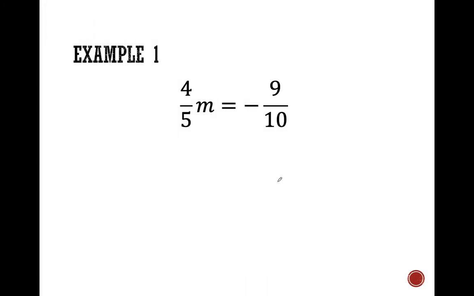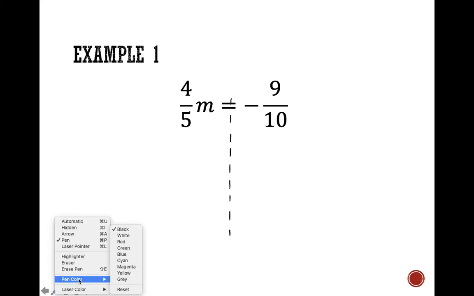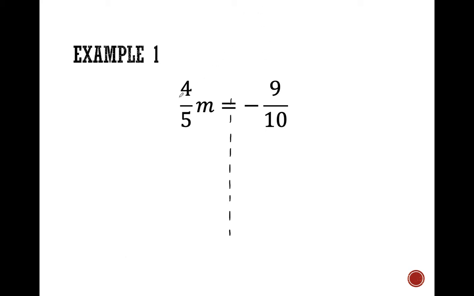So here we have 4/5 m equals negative 9/10. Remember from yesterday's lesson, our goal here is to get the m by itself. So we want to get rid of this 4/5. What we're going to do is multiply by the reciprocal of 4/5, which is 5/4.